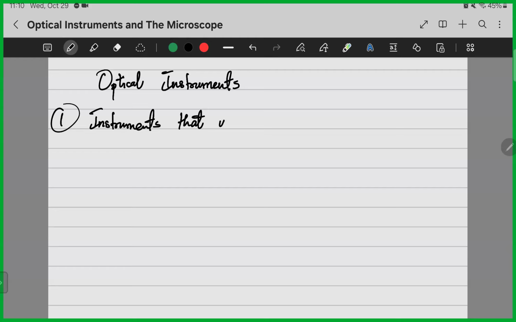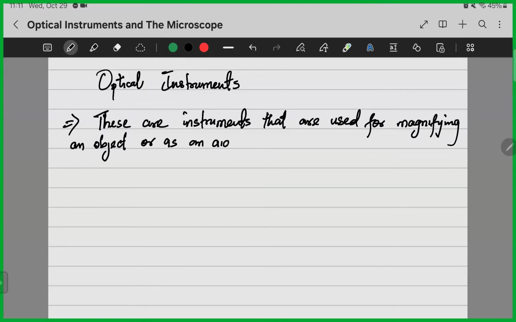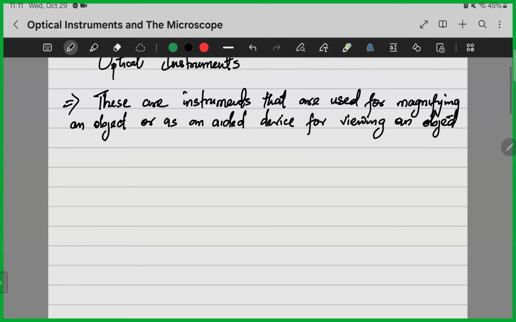These are instruments that are used for magnifying an object or as an aided device for viewing an object. So please take note of that.